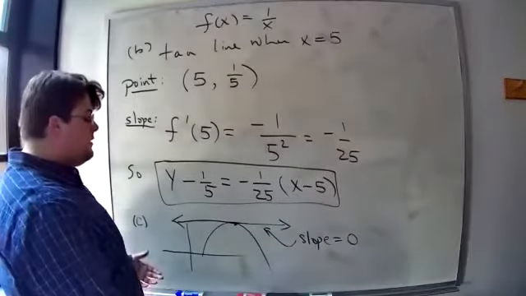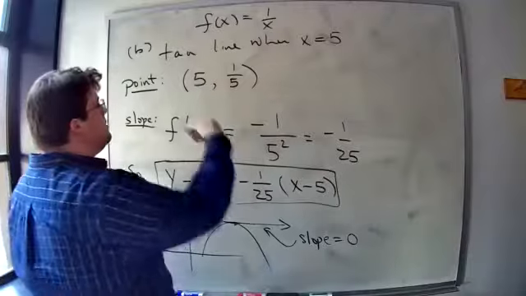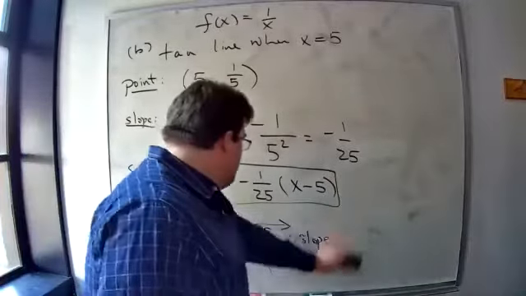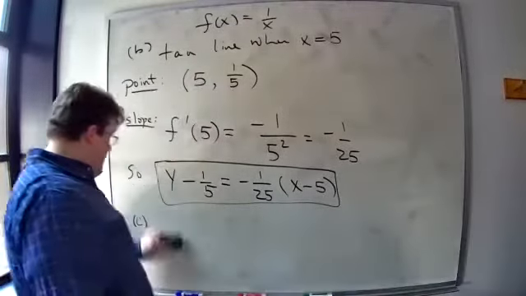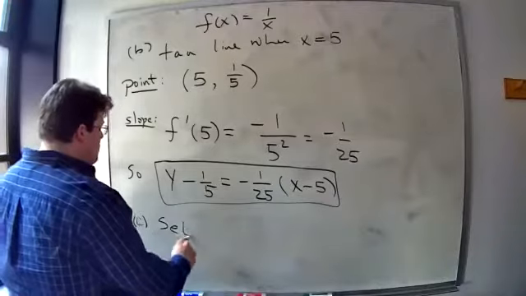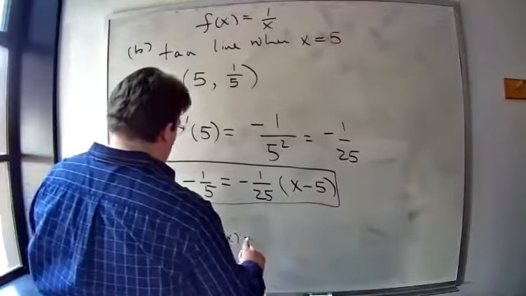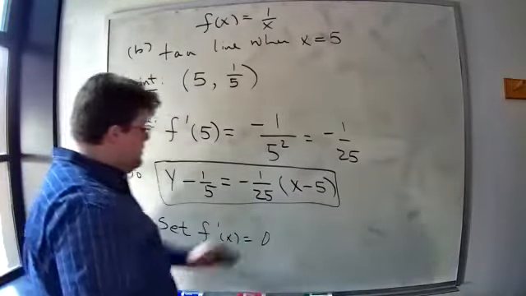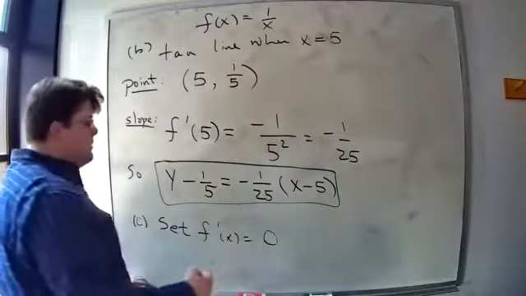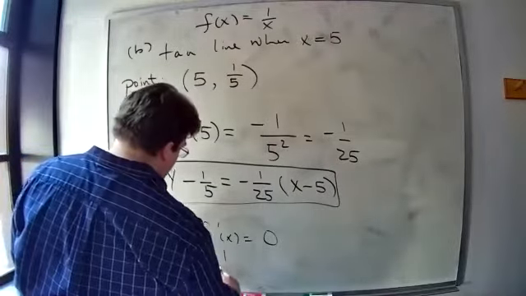So we need to find all tangent lines where the slope is 0. Well, the derivative's not written, but what that reduces to is finding all x values where f prime x equals 0. Well, what's f prime? That was given in A and found in A.